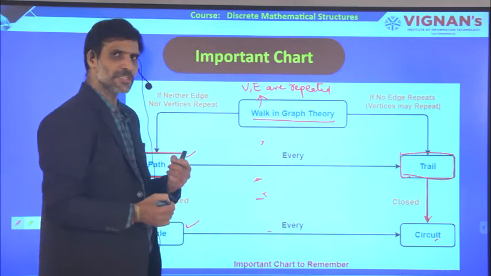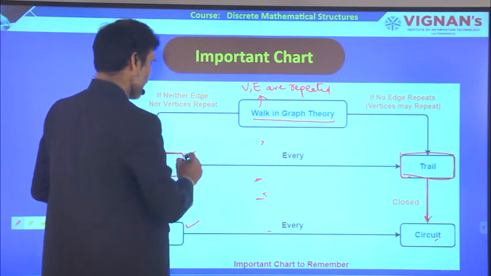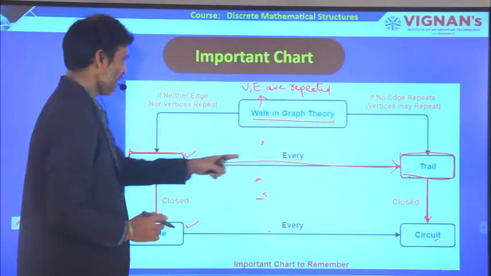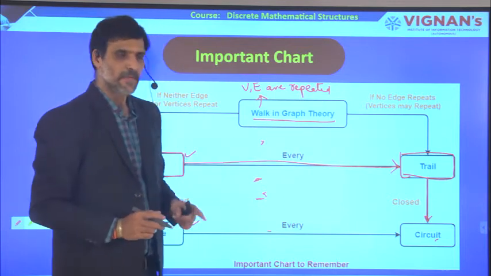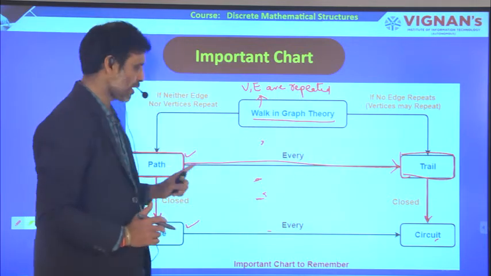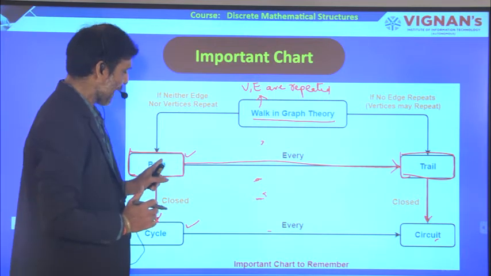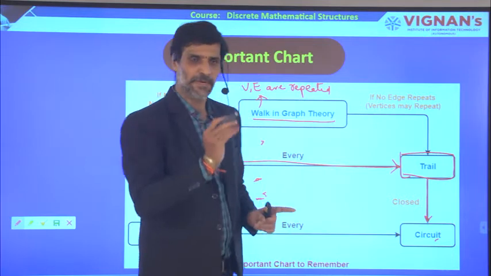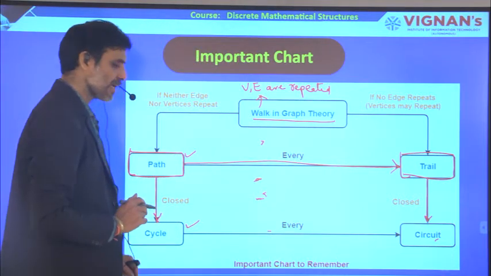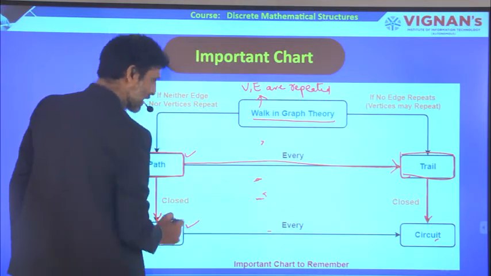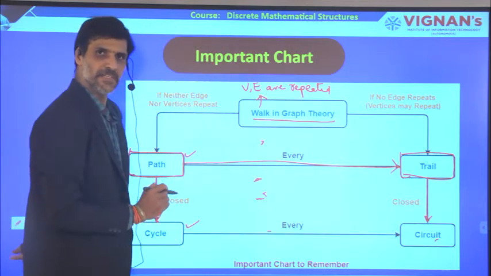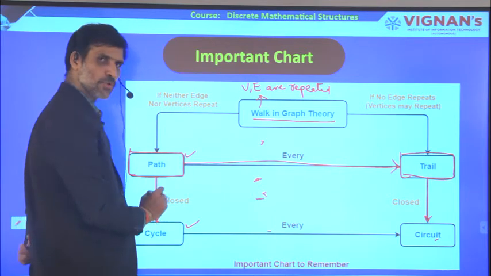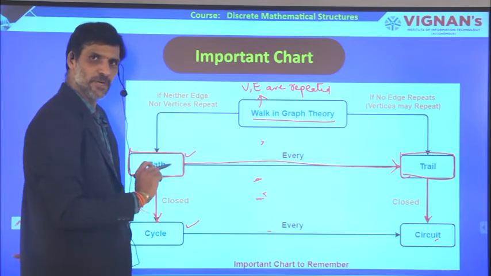And we discussed some important points in the last slide. Every path is a trial, but a trial need not be a path. Why? Because in a path vertices may not be repeated, while in a trial vertices may be repeated. Similarly, every cycle is a circuit. In a cycle, only the start and end vertices are repeated, and the intermediate vertices are not repeated.